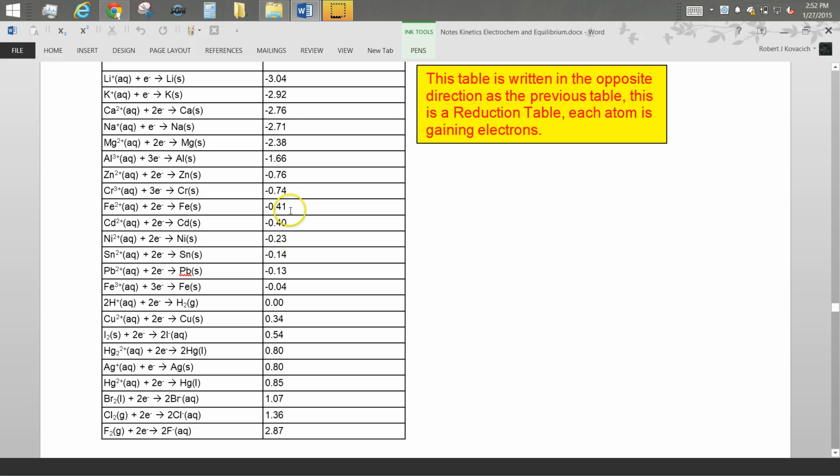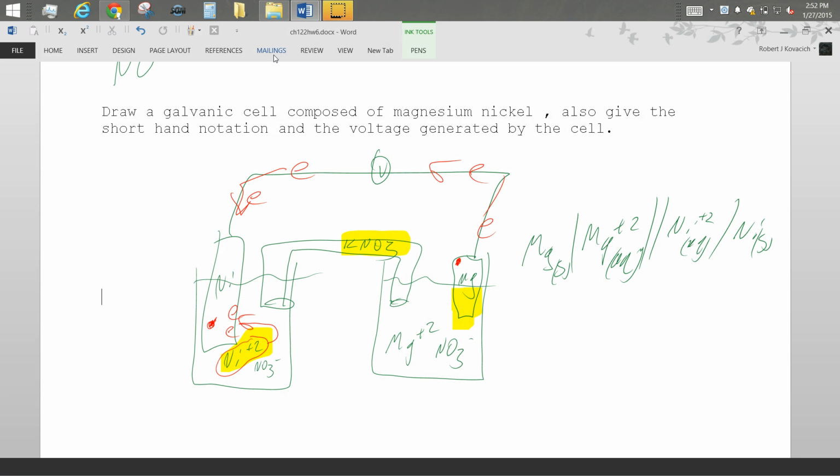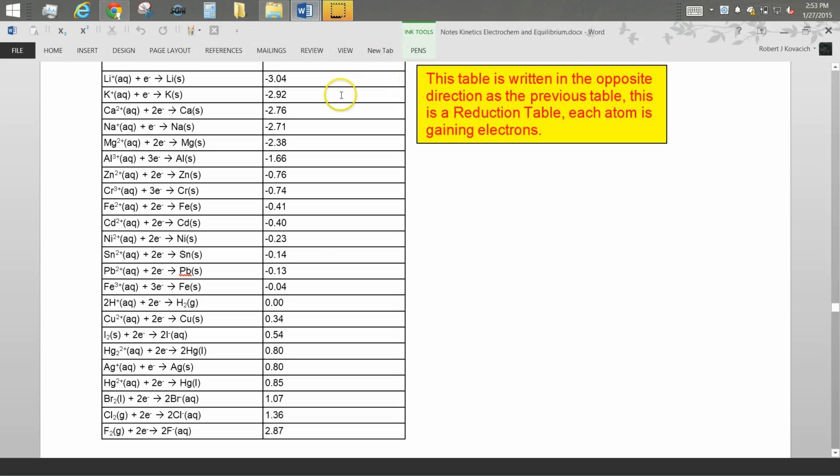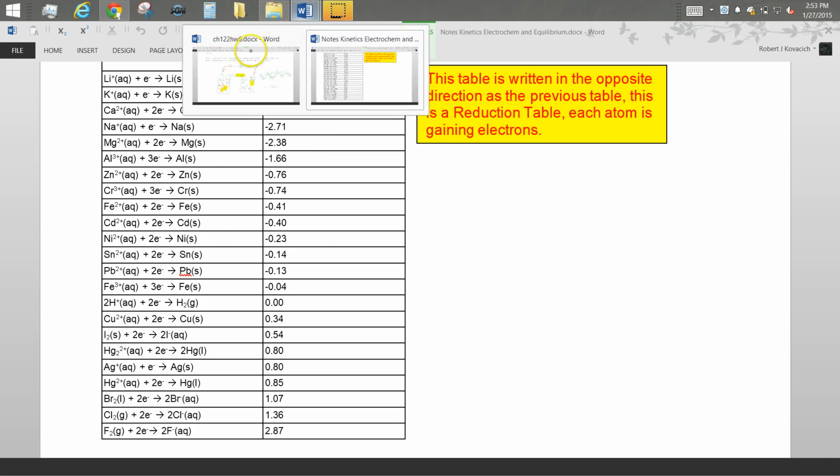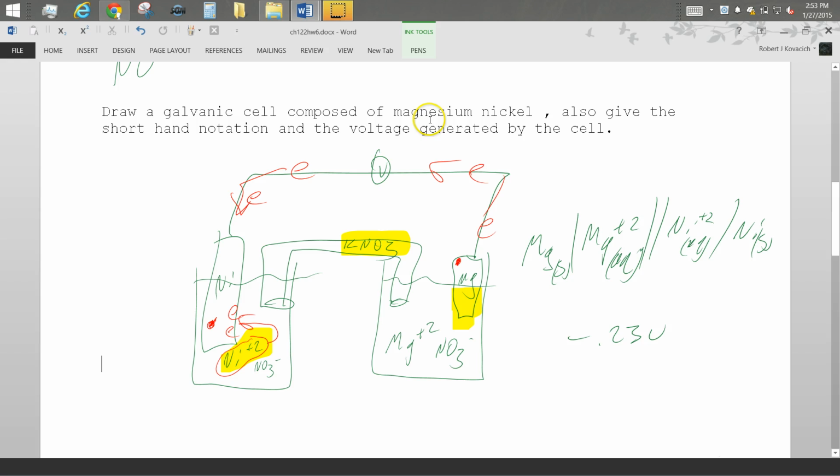So that's a negative 0.23 voltage. And the magnesium is giving up its electrons. And that's a 2.38. So 2.15 volts. Good voltage.